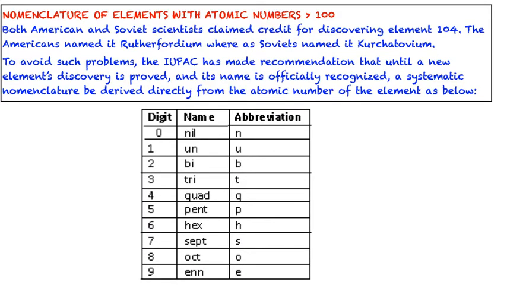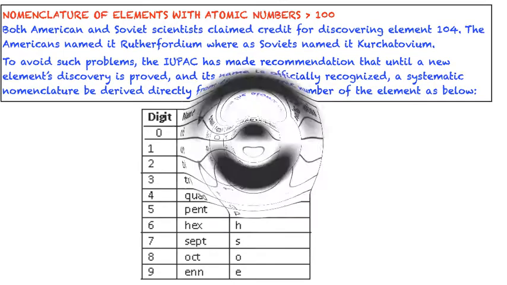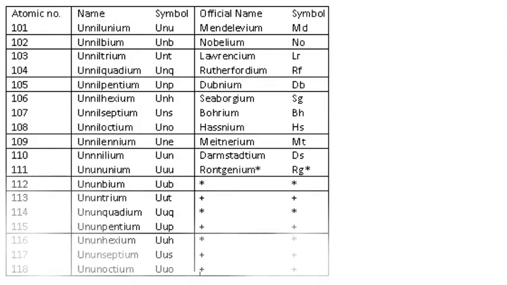Digit, name and abbreviation: 0 for nil, 1 for un, 2 for bi, 3 for tri, 4 for quad, 5 for pent, 6 for hex, 7 for sept, 8 for oct, 9 for enn. The symbols are N, U, B, T, Q, P, H, S, O, E, the respective symbols.